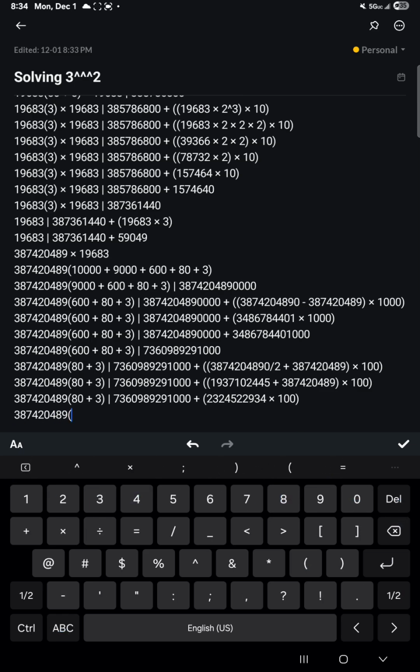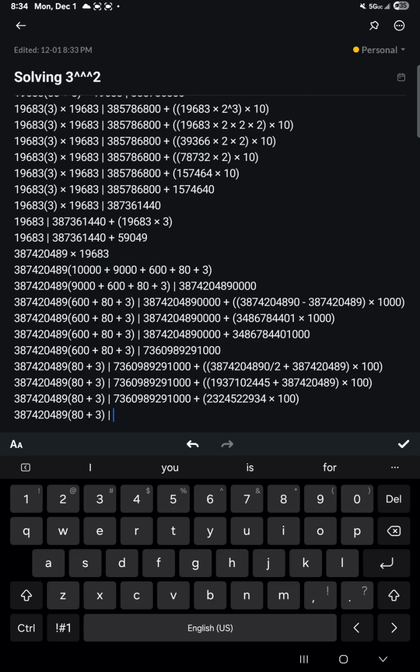We still have to multiply by 100 though. Oh, I got the 0.